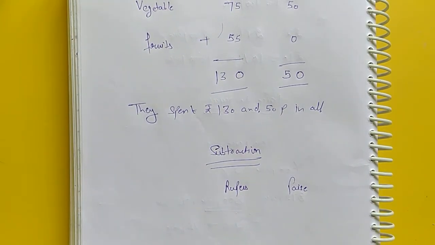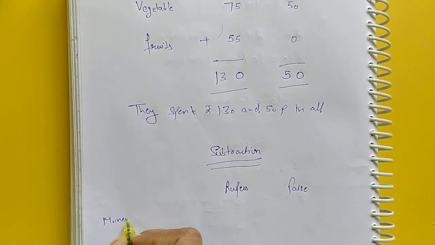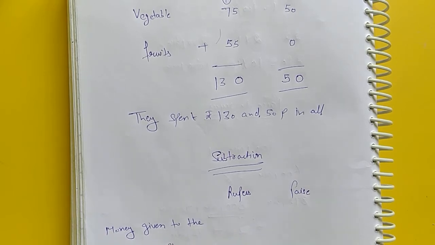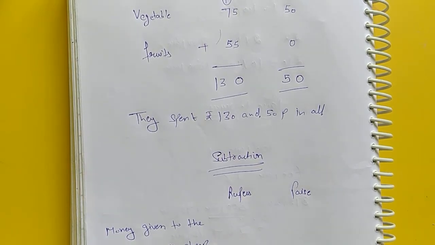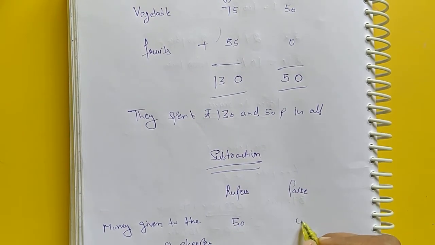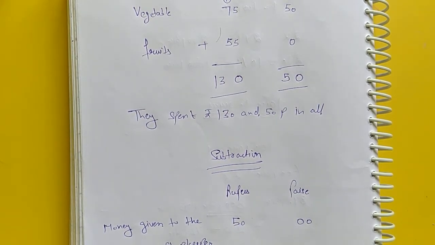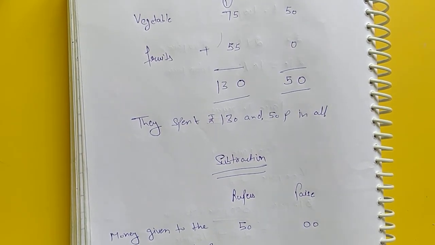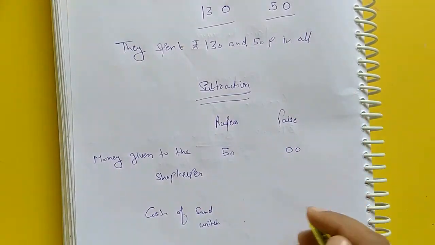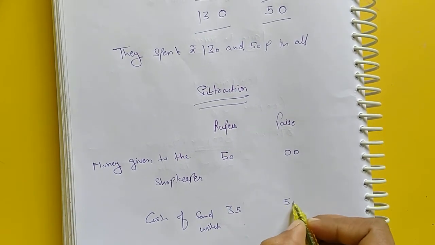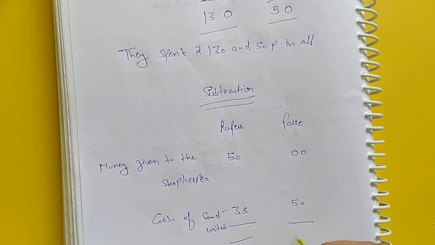Money given to the shopkeeper is rupees 50 and 0 paise. Cost of sandwich is 35 rupees and 50 paise. Now subtract both the terms.